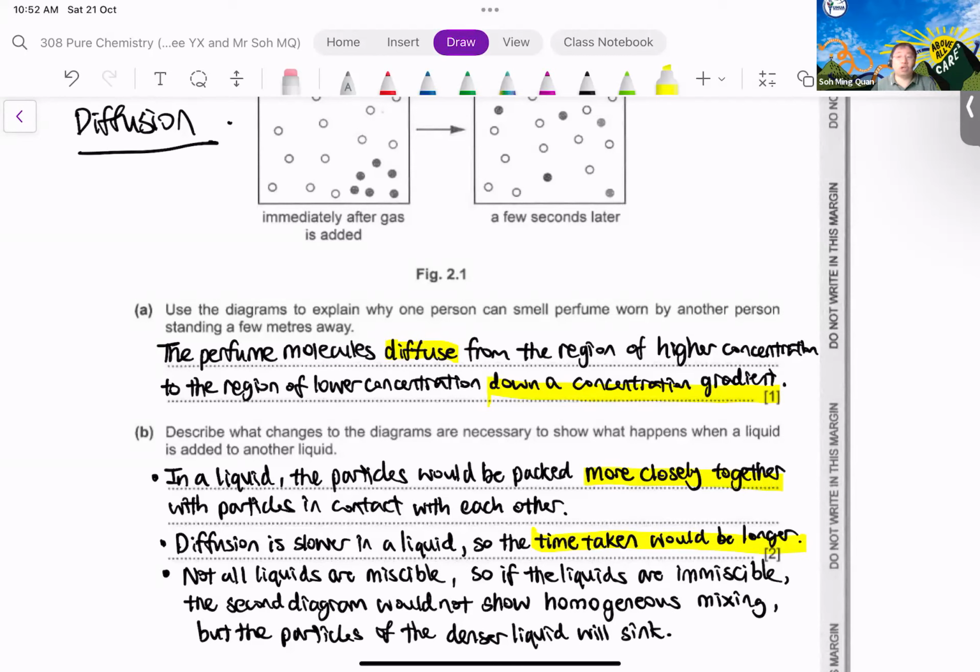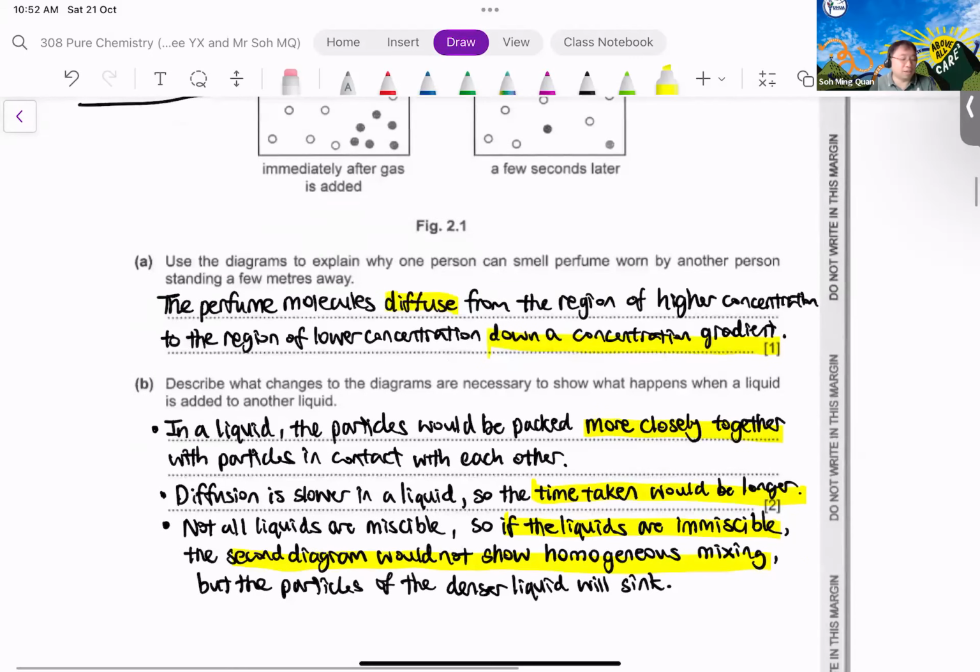Finally, you got to ask yourself, not all liquids are miscible. Gases are miscible, but liquids are not. Not all liquids are miscible. For example, if it's water and oil, they are immiscible. Therefore, the diagram, if it's immiscible, will not be homogeneous mixing, meaning the particles won't be evenly spread out, but rather the denser liquid's particles will sink to the bottom.